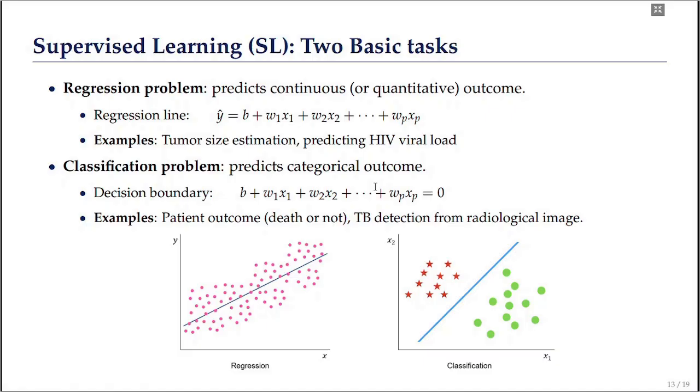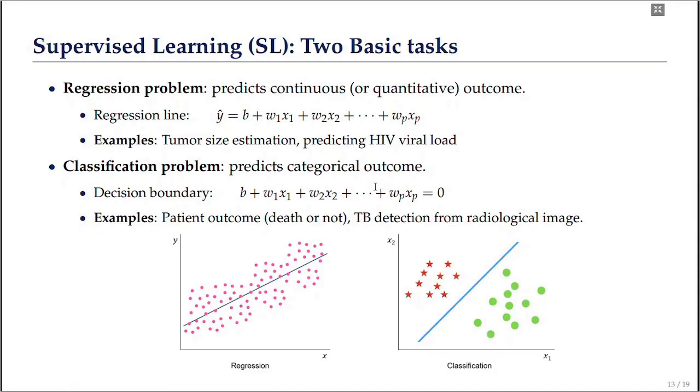Let's consider the plots on the left hand side of a regression problem, where the input x is labeled along the x-axis and the output y is labeled along the y-axis. Here the objective is to estimate the regression line that best fits the points.